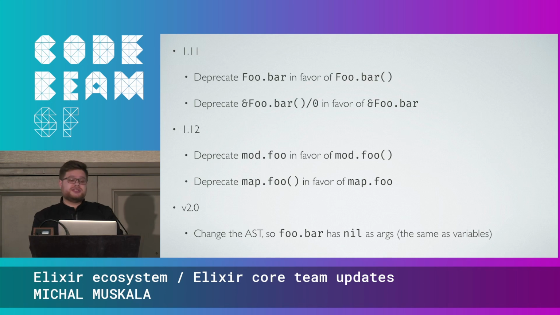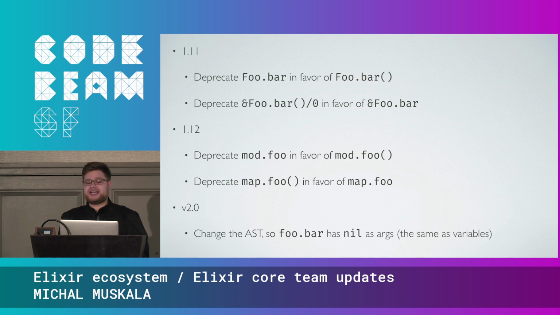So related to this, allowing map.field syntax: Elixir has the same syntax for accessing a field in a map and calling a function with no arguments dynamically on a module. And this is a problem because the syntax in guards will work in one case but not in the other.